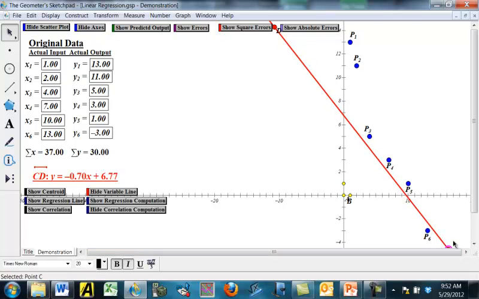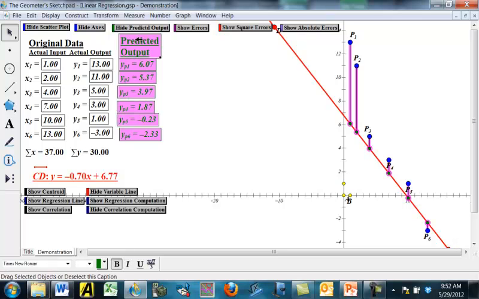Okay, how can we measure how well that line fits? Well, the first thing to notice is that if we keep those same x's, we have predicted points along that line. Those are these green points right here as we're going down the line. They have the same x values as these original ones, but the y values differ. So in other words, let's go back. This point here, P1, has coordinates x1, y1, which is 1, 13.